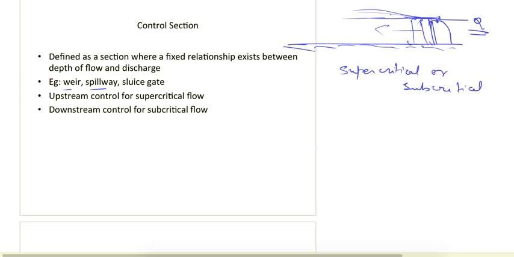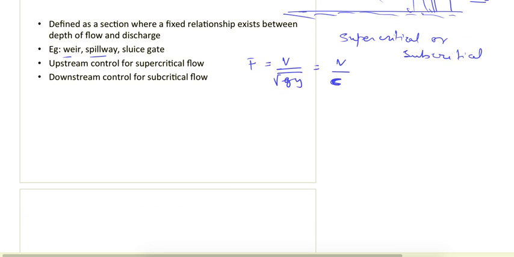So let's go back to our Froude number, which for a rectangular channel is given as V over root gy, but here this term is known as celerity of the wave, and we define it as C. It can be understood as the velocity of a disturbance which is being created in the channel.